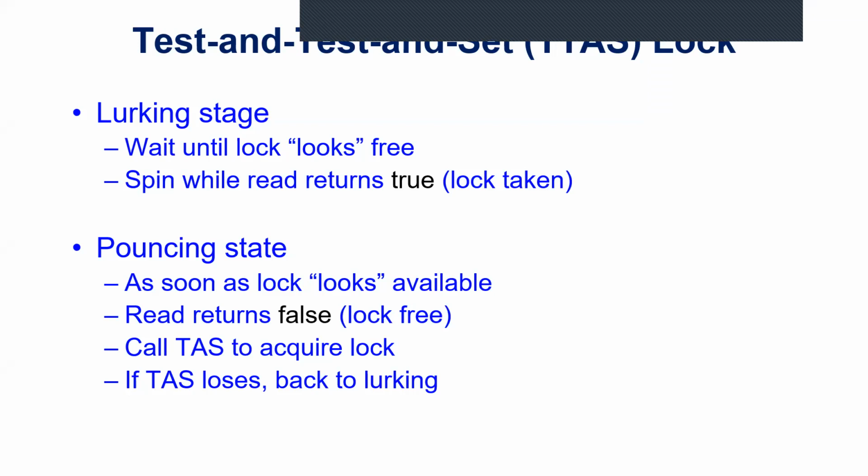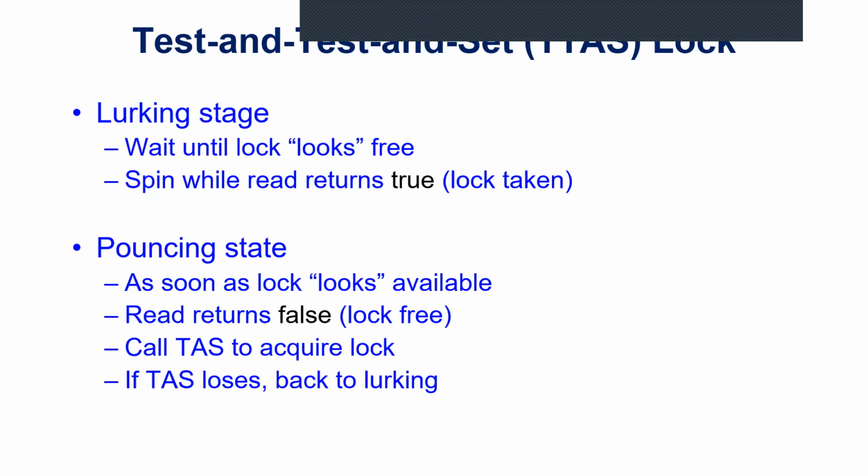In the pouncing stage, at this point, the thread believes that the lock is available and attempts to acquire it. Read returns false, confirming that the lock is free.